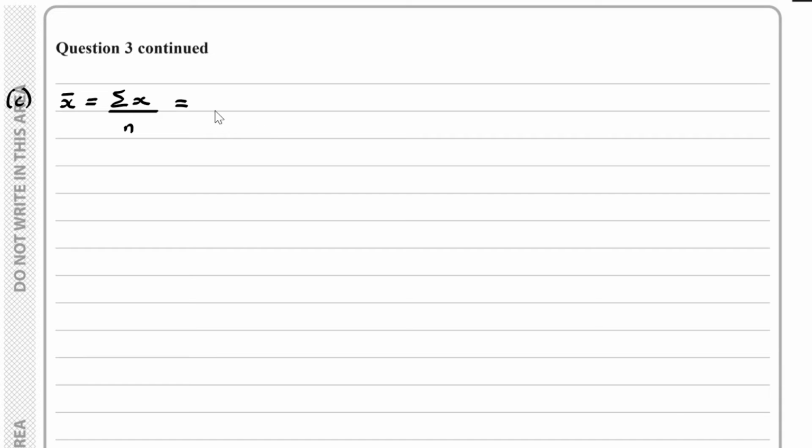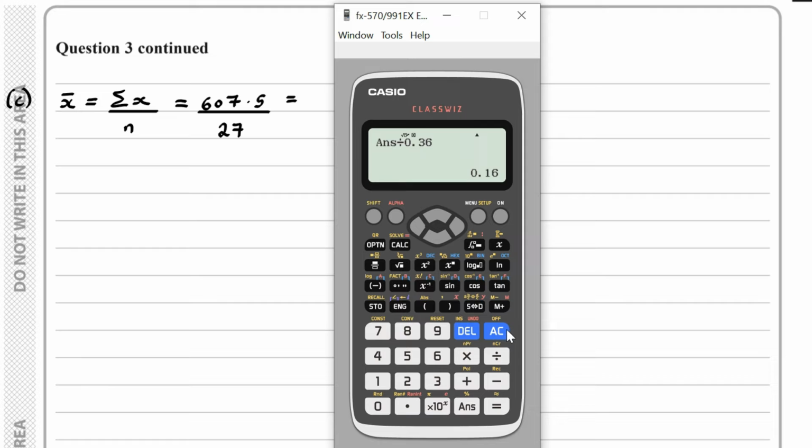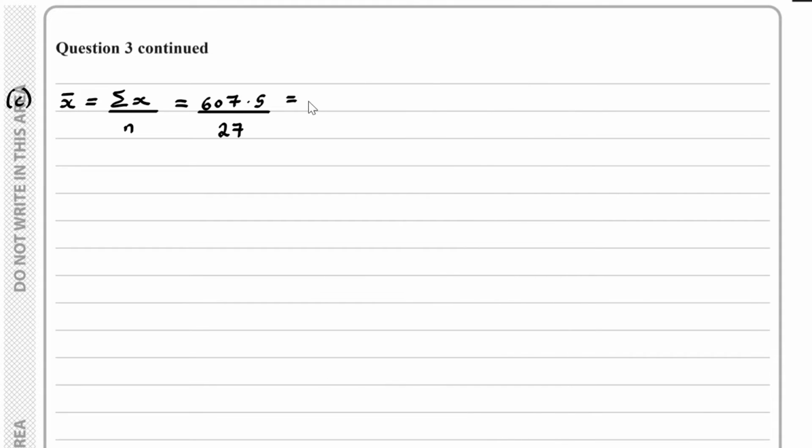So we have the sum of the x's, 607.5, and n is 27. So dividing these, if we use our calculator, 607.5 divided by 27, it turns out we get 22.5.